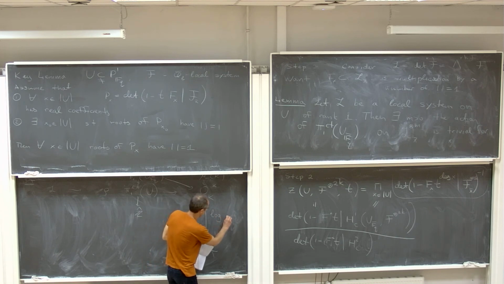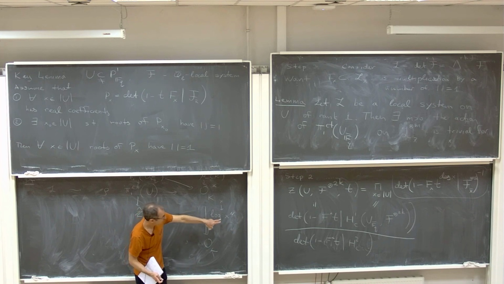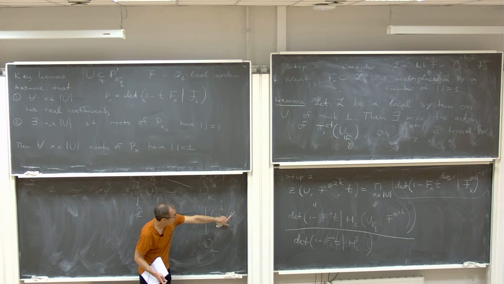But if not, let's consider the following function: x goes to the logarithm of x to the power n. You see, for any x here, there exists a number n so large that its nth power is arbitrarily close to 1.